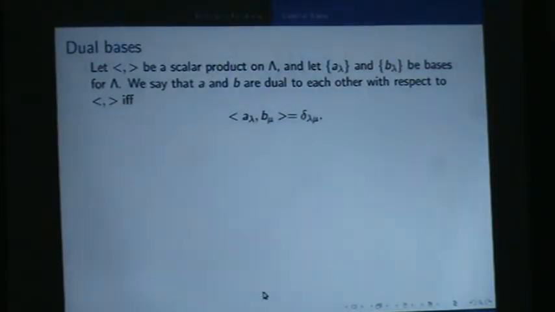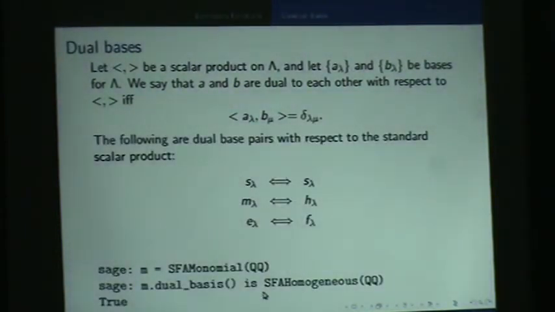So they have to be orthogonal to each other, and when you take the scalar product of a sub lambda with b sub lambda, you should get 1.